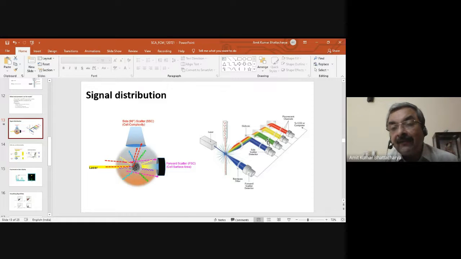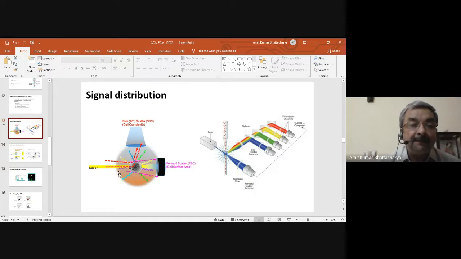Because in front of the detector, there is a filter. And that filter decides which wavelength range in the green you want to pass through the detector. Similarly, in this other detector, you can decide which range of wavelengths of the yellow you want to pass. So there's a filter which decides.